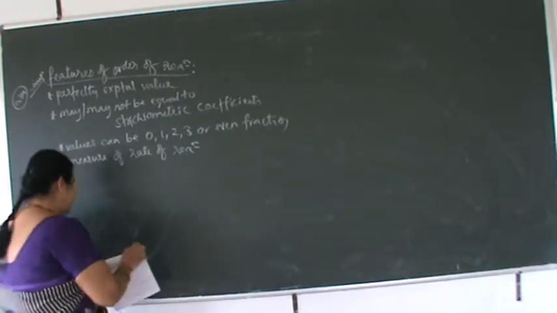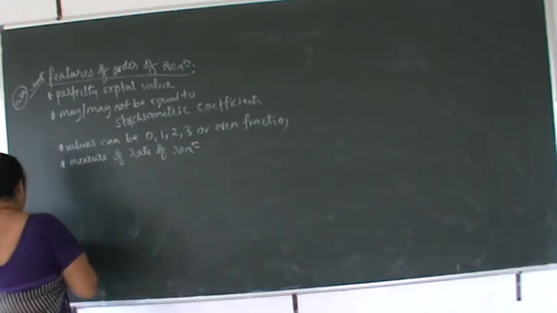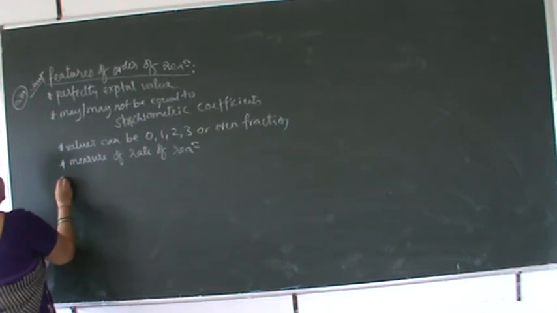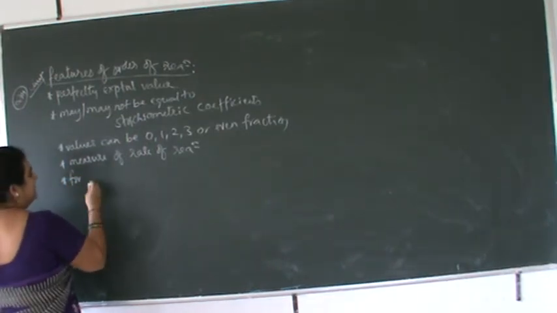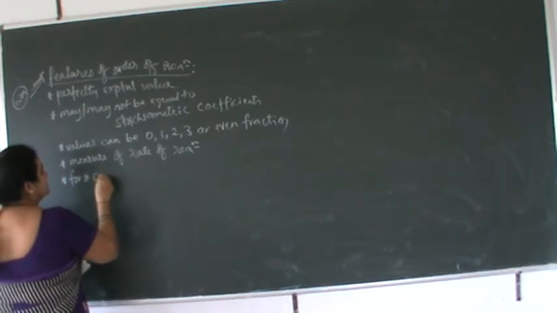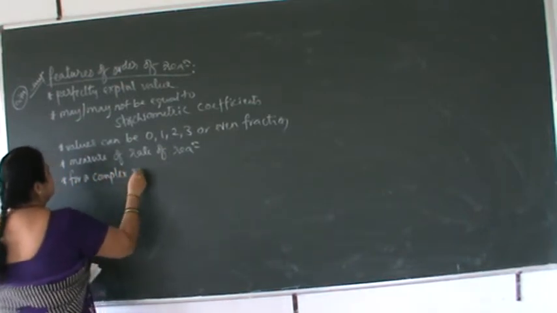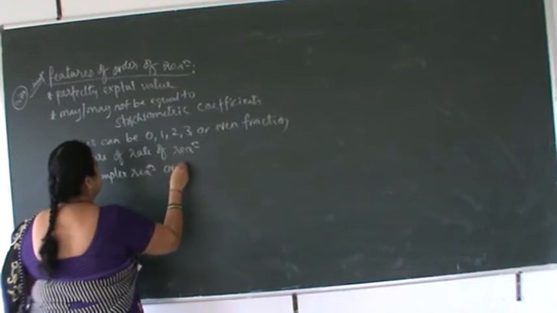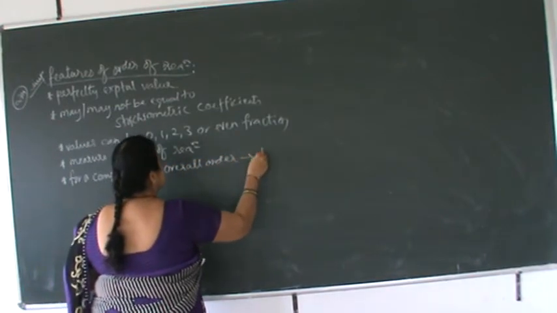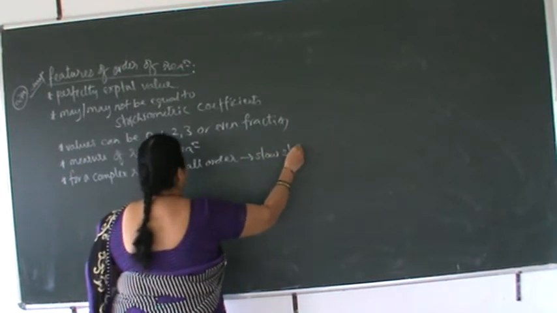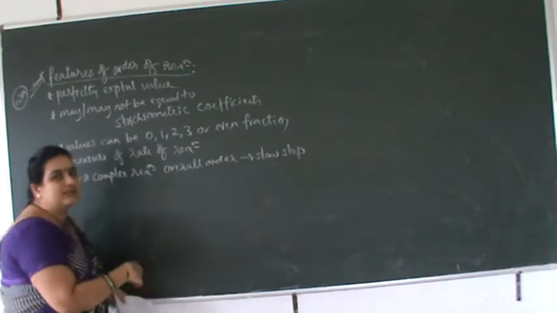Then next point. For a complex reaction, overall order is given by the slow step of the reaction. This part I will cover in the next part.